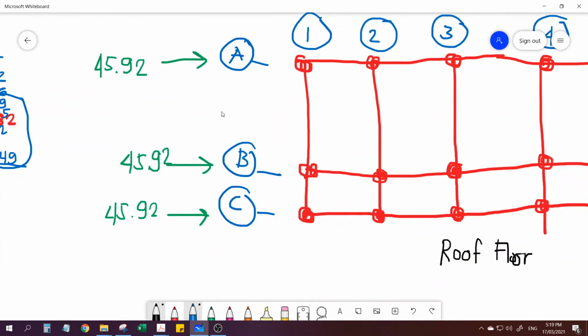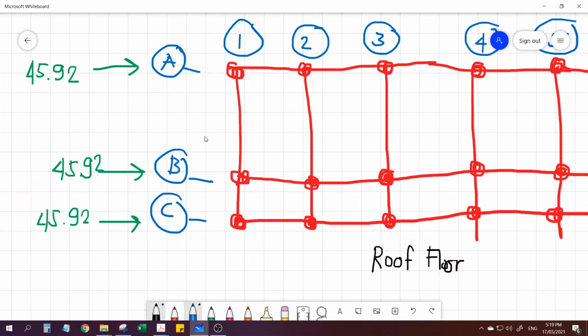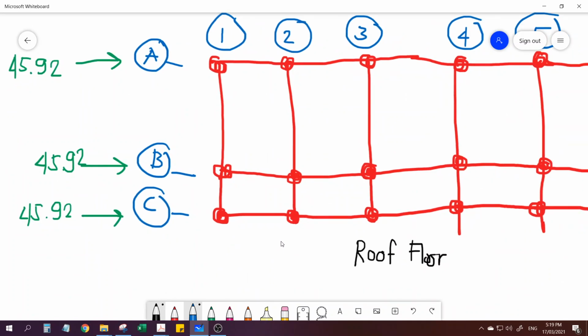Meron tayong mga solved problems niyan, uploaded sa ating channel. So that is the direct shear per frame sa roof floor.